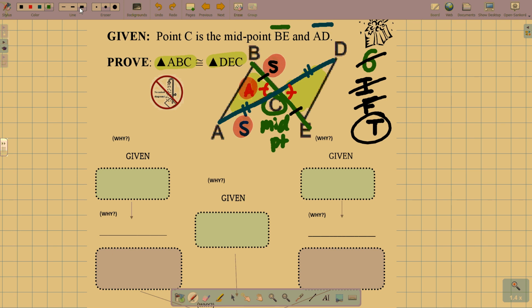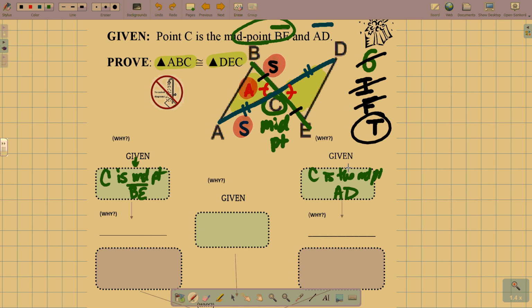So in webbing, I know this one piece of given information gives me something else. So I'm going to write this. C is the midpoint of BE. And then right here, C is the midpoint of AD. Why do I know those?